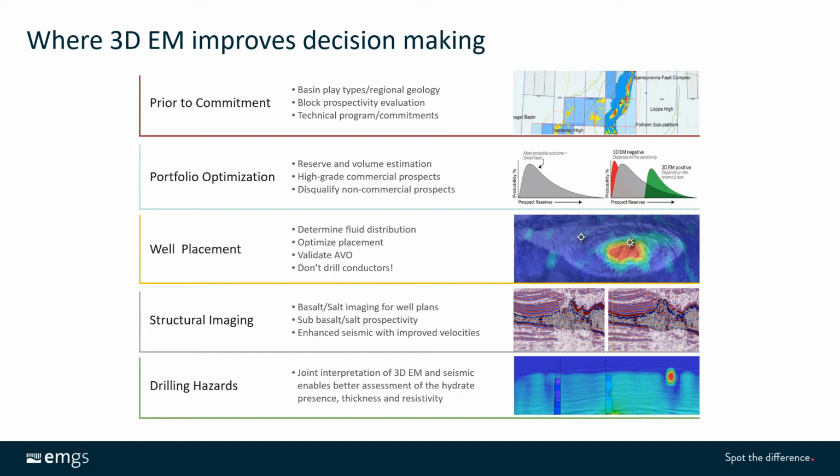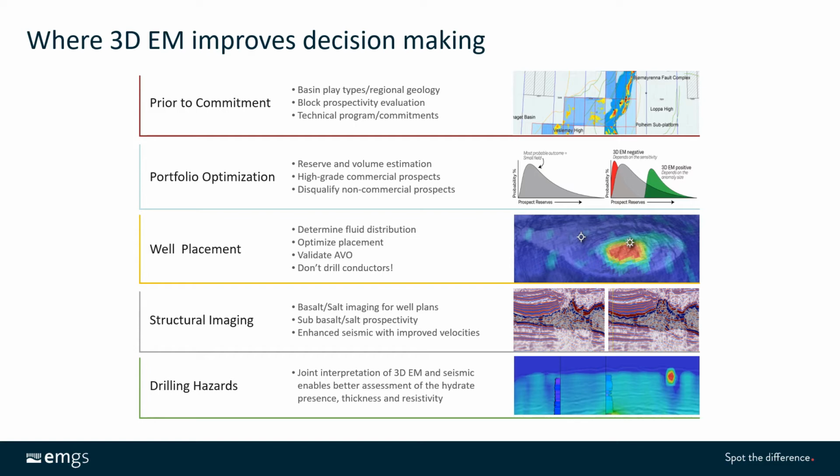It can also be used in the well placement, which is one of the most important ones. The reason being that drilling one well in the offshore costs a lot of money. So if one well goes dry, I mean, you lose a lot of money.